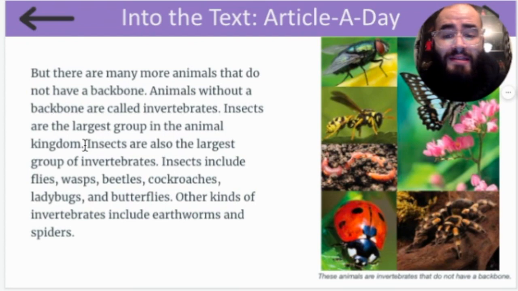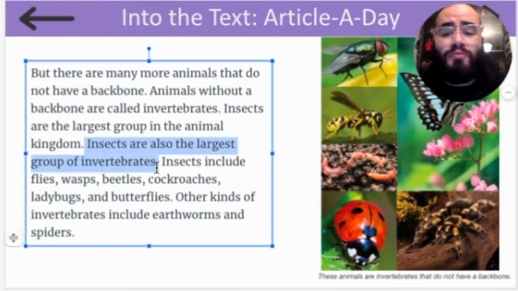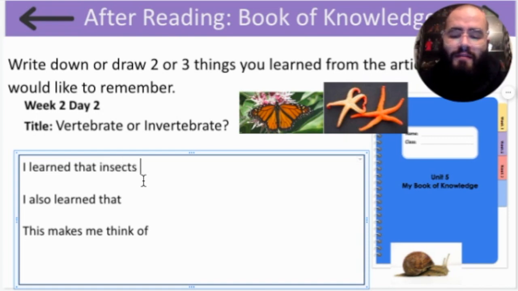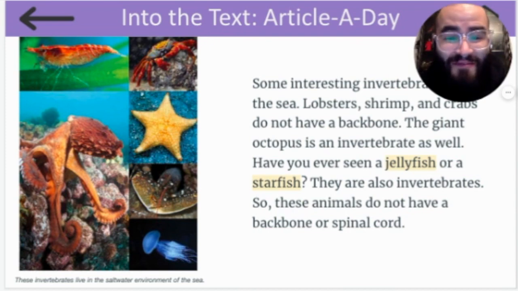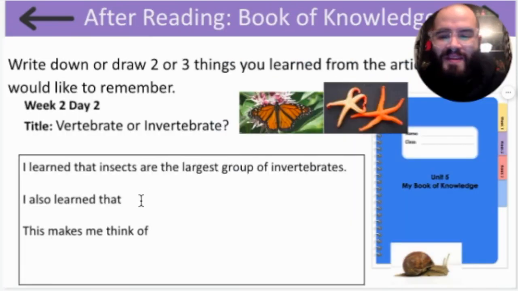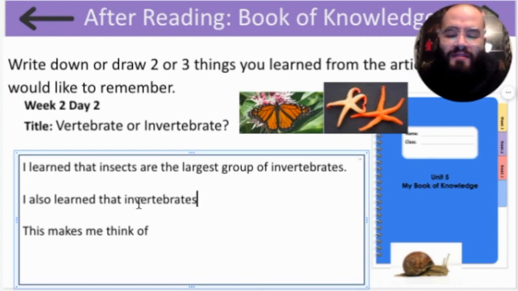The first thing I learned is that insects are the largest group of invertebrates. I'm going to write that down. Insects are the largest group of invertebrates. I also learned that invertebrates can live in the ocean, such as jellyfish and starfish. I also learned that invertebrates live in the ocean.